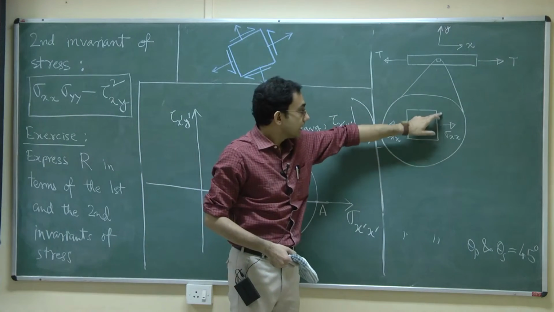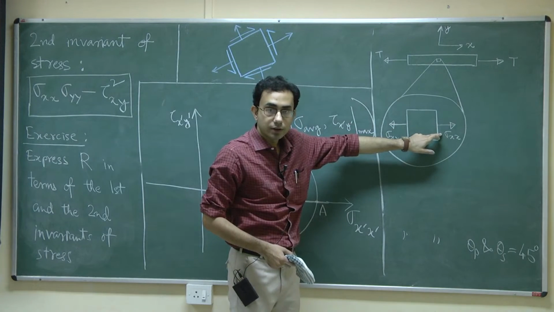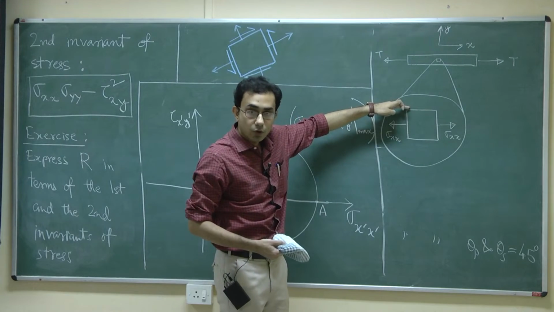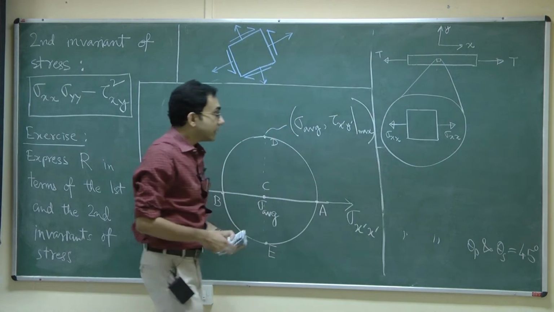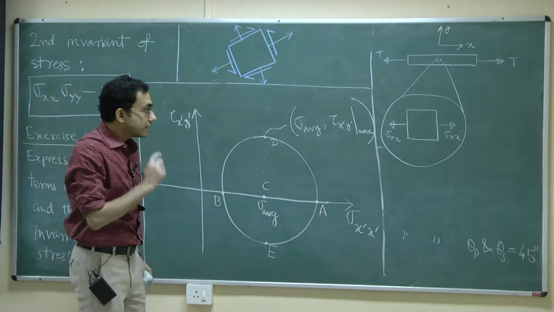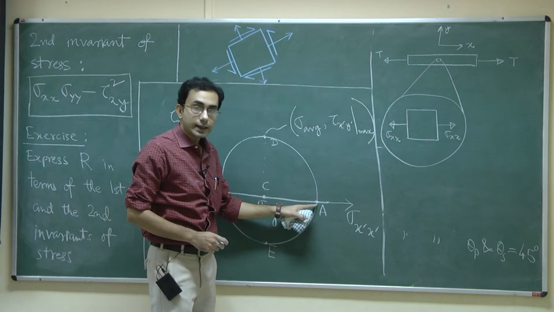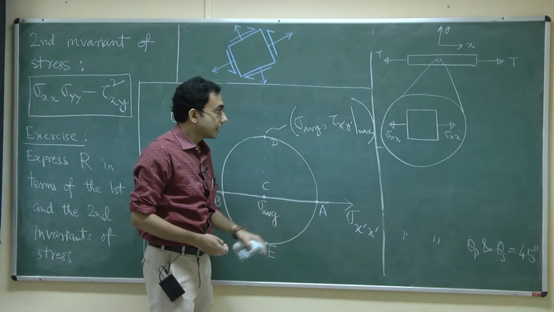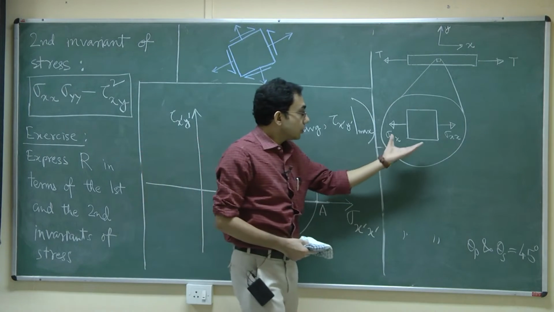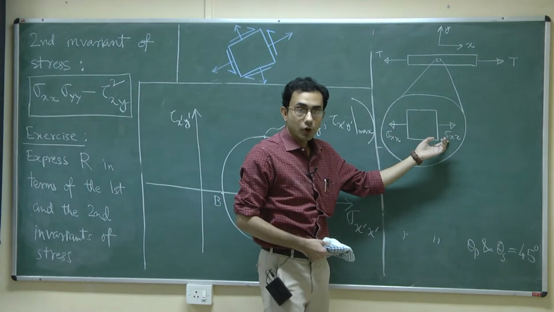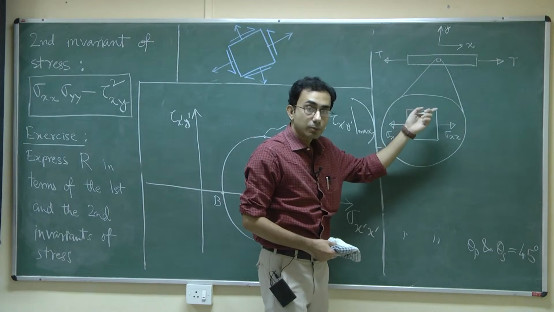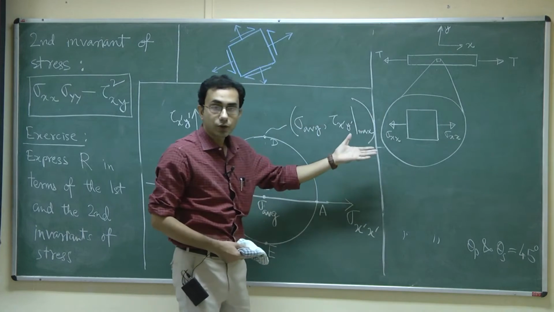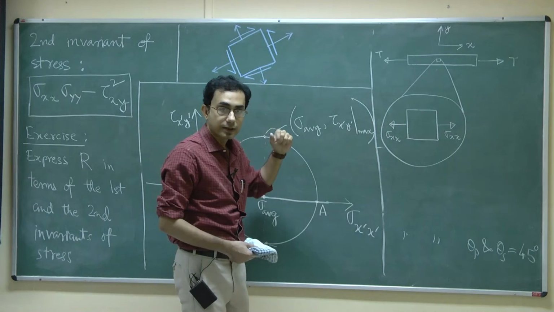I repeat, on this surface there is no shear. Correspondingly, I should not have any shear here also. Okay. If I do not have any shear there, then is it not true that I am actually sitting here? Because these are the points where there are no shears. So, the value of the normal stresses that I am obtaining just directly from this thought experiment or perhaps a real experiment is the value of the principal stress itself, the sigma xx.